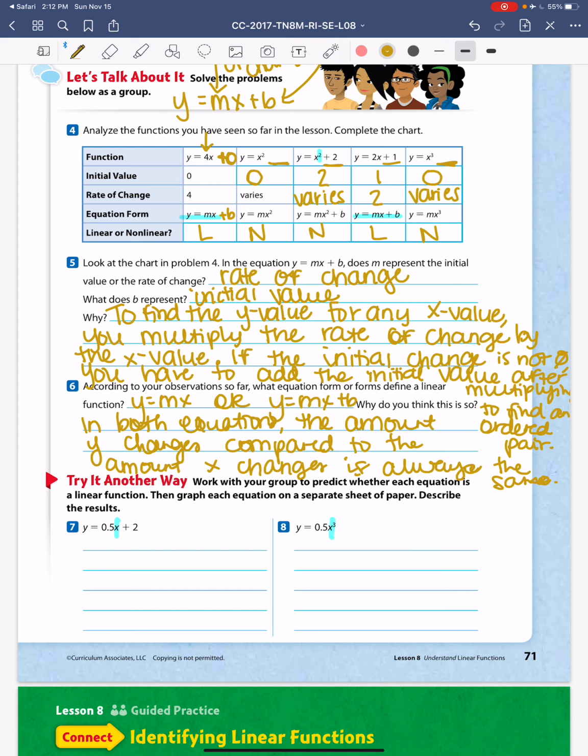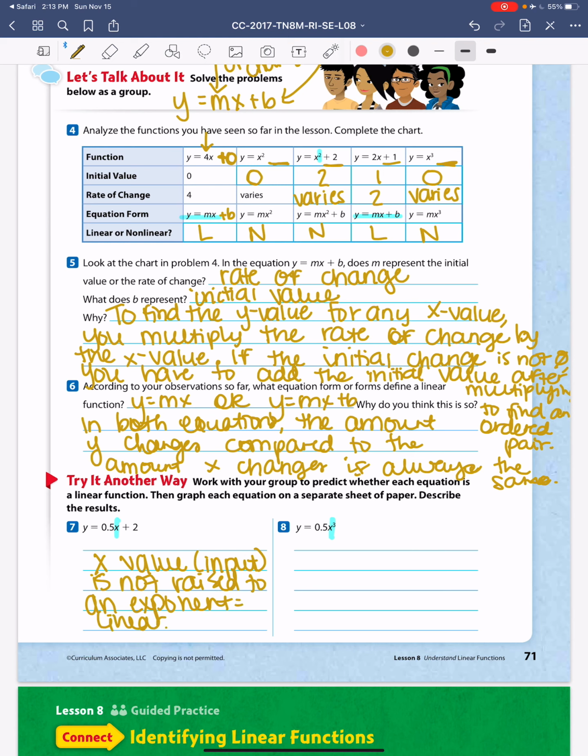Because my x value, or input, is not raised to an exponent, it's linear.